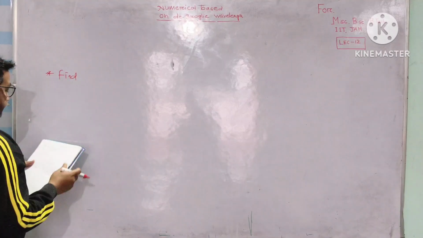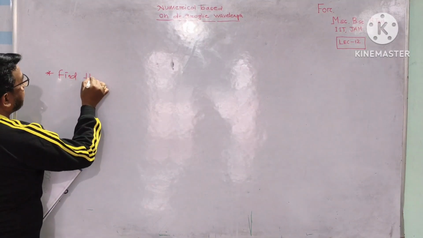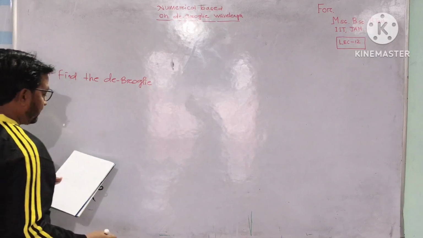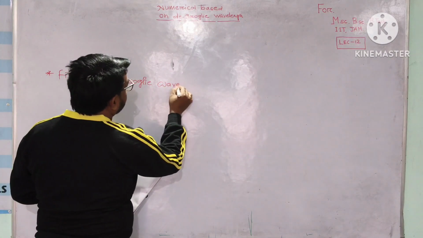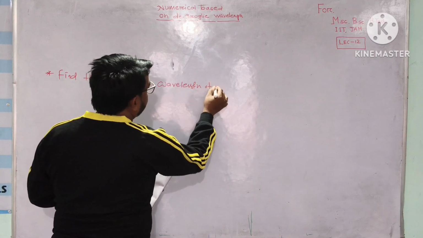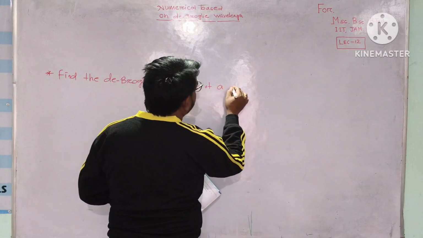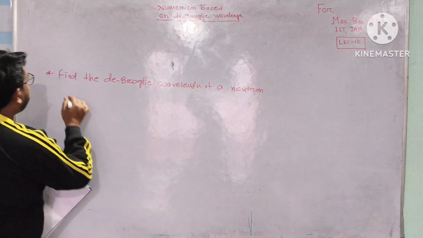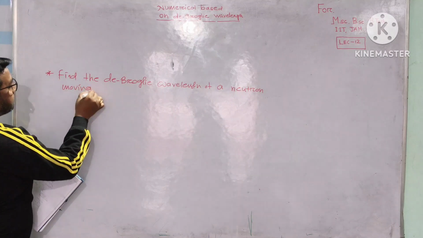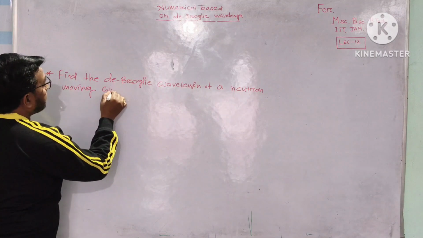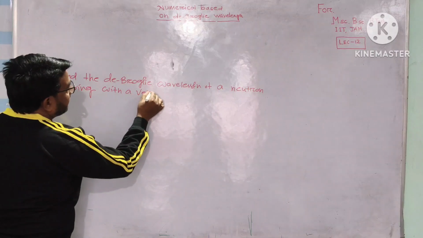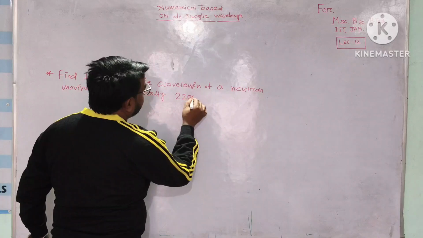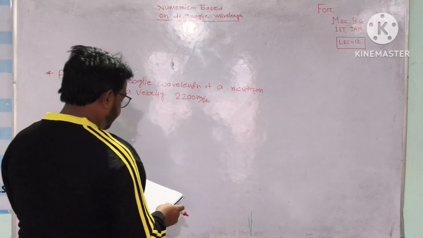Find the de Broglie wavelength of a neutron particle moving with a velocity 2200 meter per second.